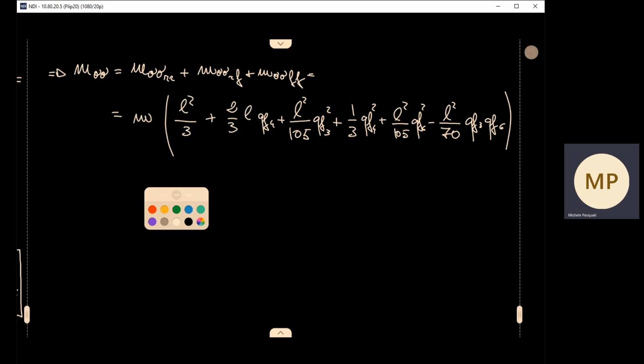And again, as you can see, this is a 1 times 1 matrix, that's to say it's a scalar, and it's nonlinear in the Q's.